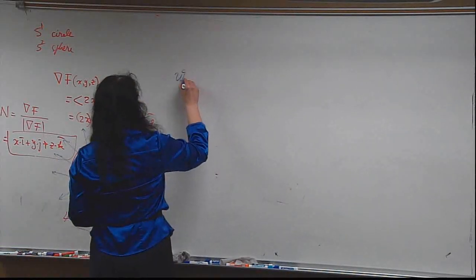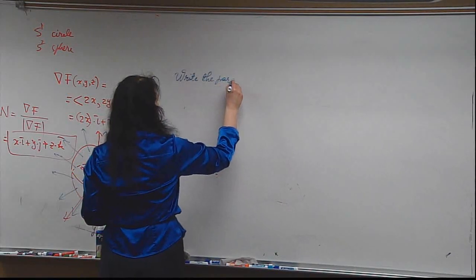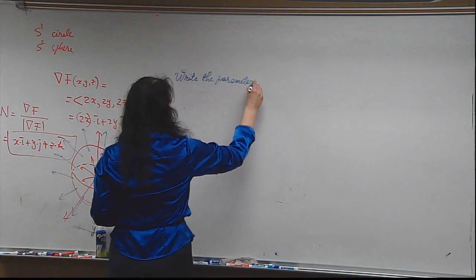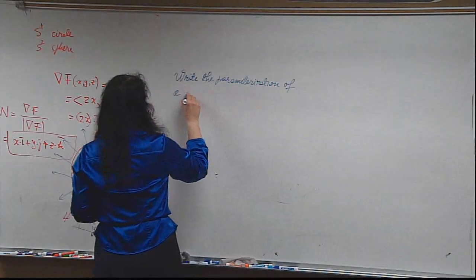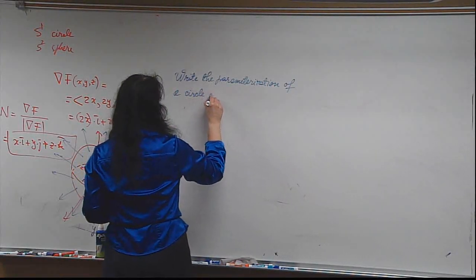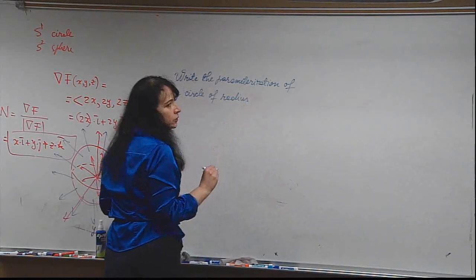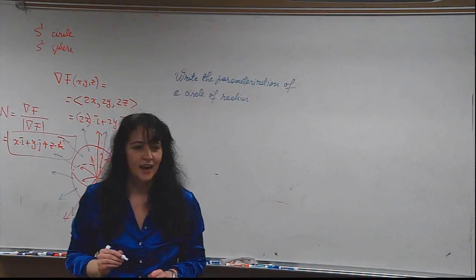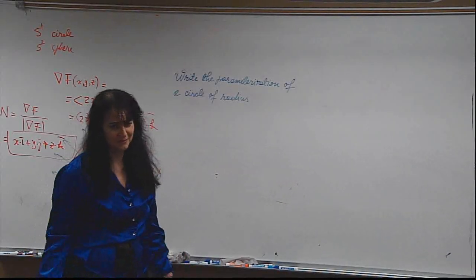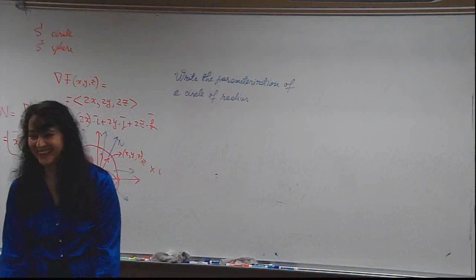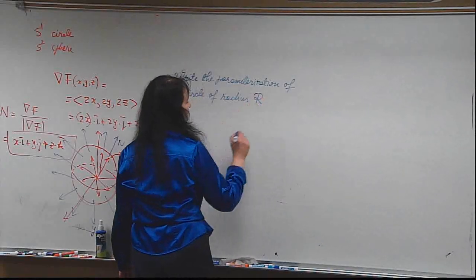So write the parametrization of a circle of radius... Do you want specific data or do you want letters? Okay, let's do it in general. Radius R, and then I'll give an example.